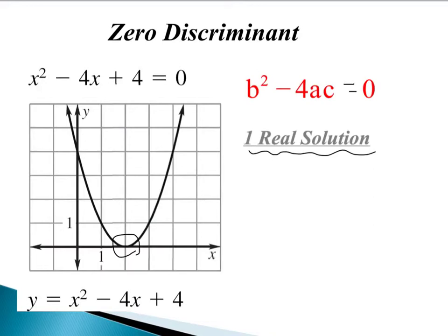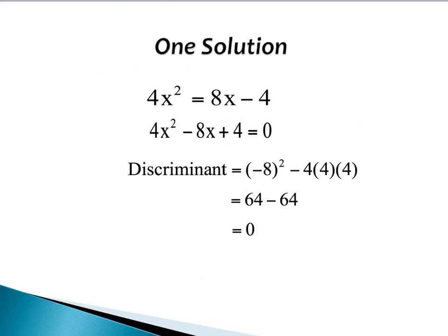When the discriminant is 0, b squared minus 4ac equals 0, the vertex of the parabola touches x-axis. So there is only one real solution. I checked, and this is the example for discriminant equal to 0.